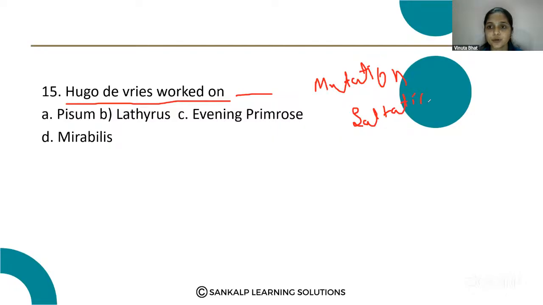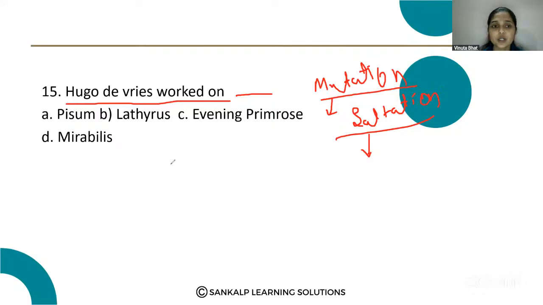According to him, speciation, the creation of new species, is due to mutation, a sudden change at the genetic level of the organism. This mutation leads to the formation of new species.